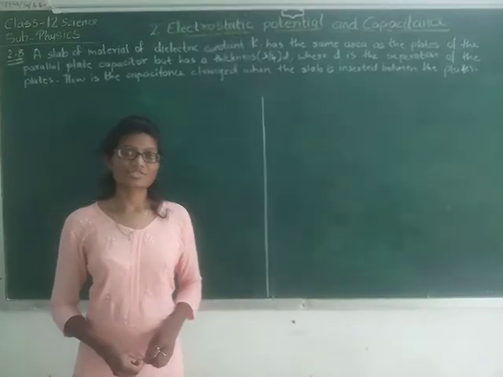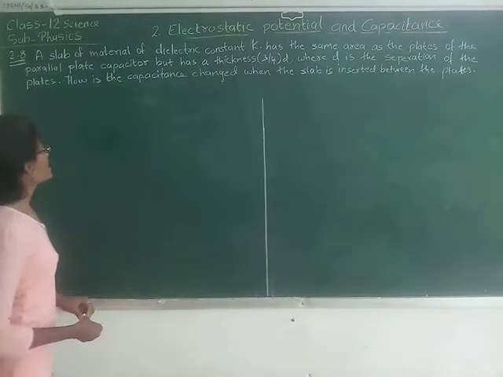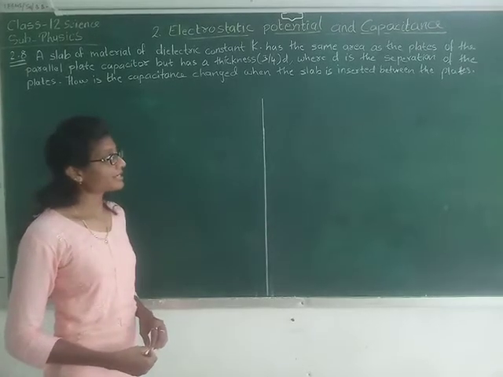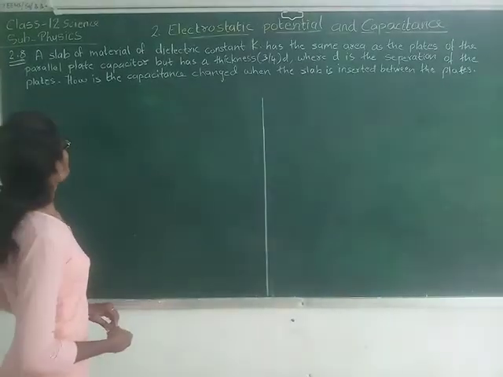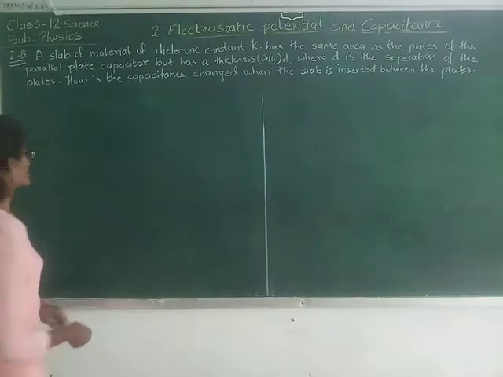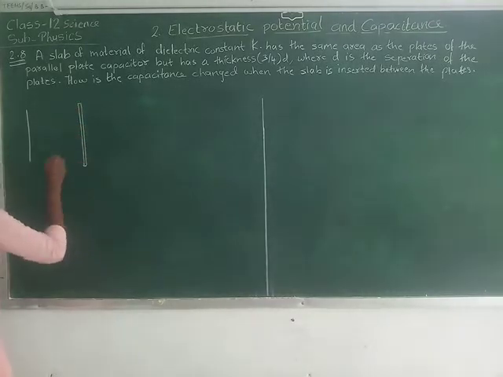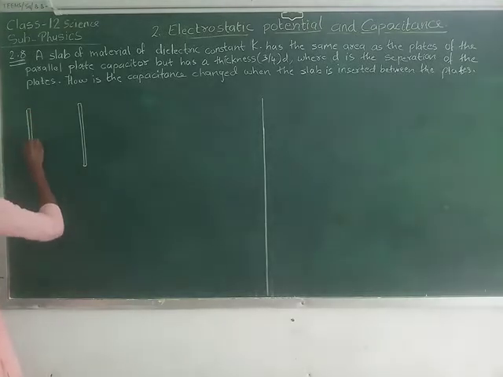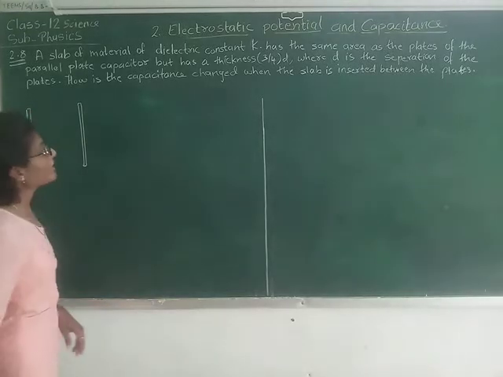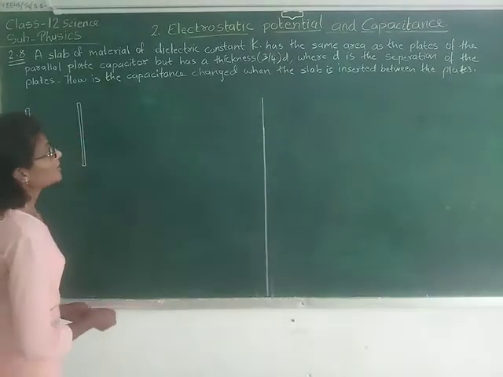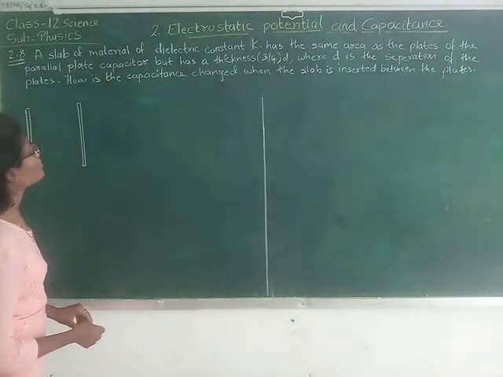Now let us see illustration number 2.8. A slab of material of dielectric constant K has the same area as the plates of the parallel plate capacitor, but has a thickness 3 by 4 d, where d is the separation of the plates.